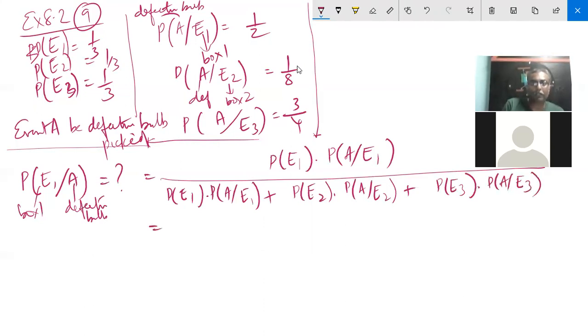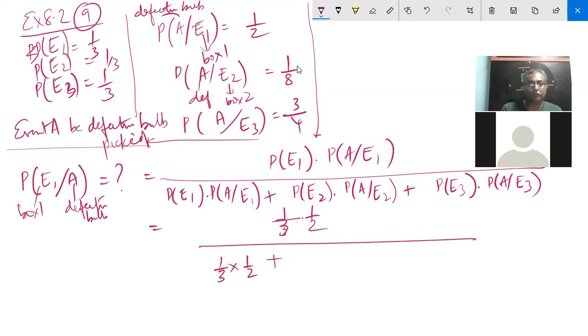Now substitute all the values. P of E1 is 1/3, into P of A by E1, 1/2.